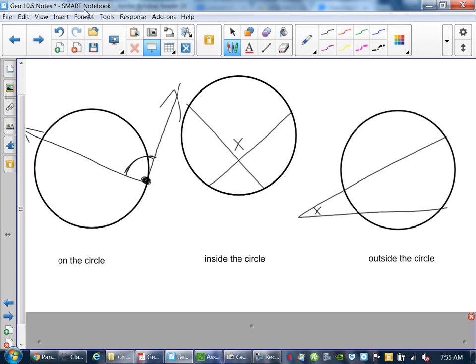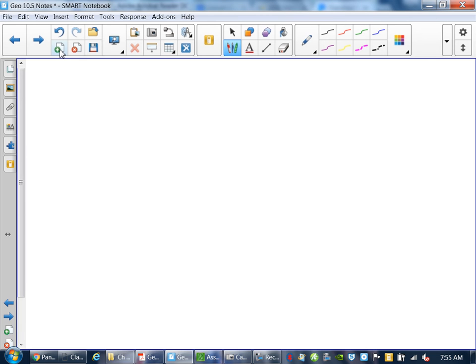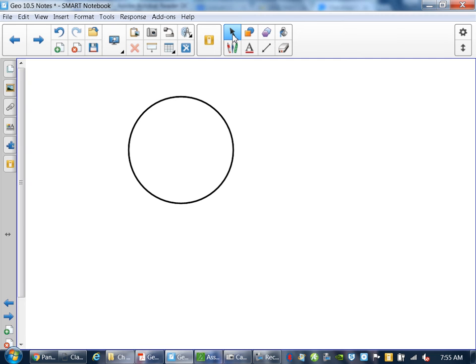So what happens here is that if you have a circle, we'll start with the outside. If I have two segments that meet outside, how many arcs do those two lines run into? Two of them. One of them is far away, the other one is close. Everybody okay with that?